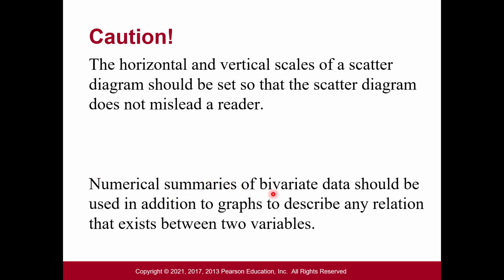Numerical summaries of bivariate data, that just means two variables, should be used in addition to graphs to describe any relation that exists between two variables. So not just giving the graph as the only summary of the data, but numerical summaries as well.